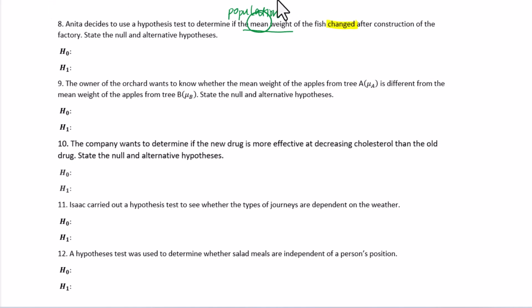Changed means it's different from before. So this is H1. H0 will be the population mean weight of the fish didn't change after construction of a factory.